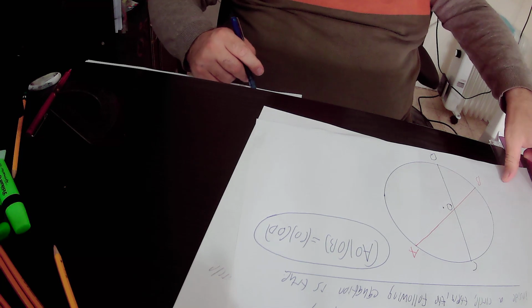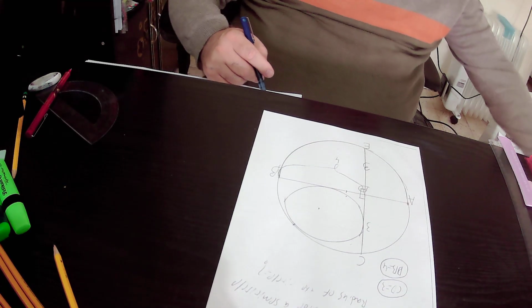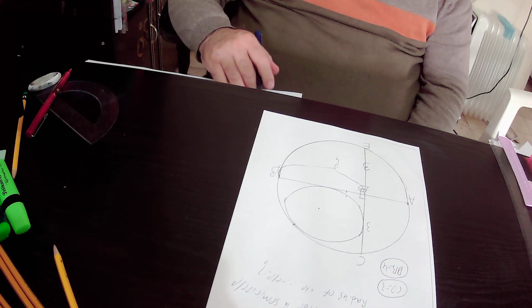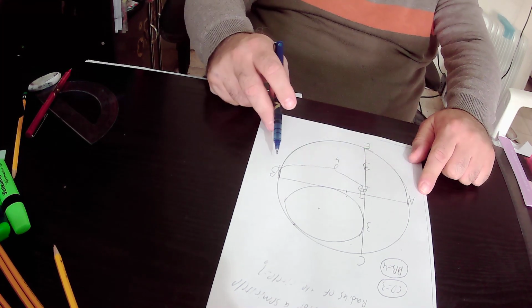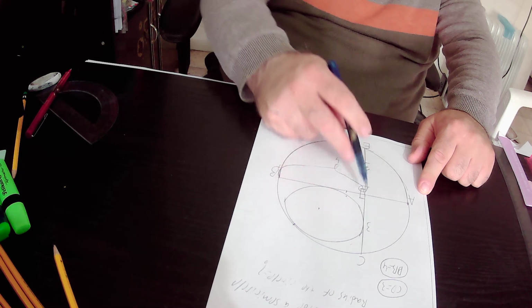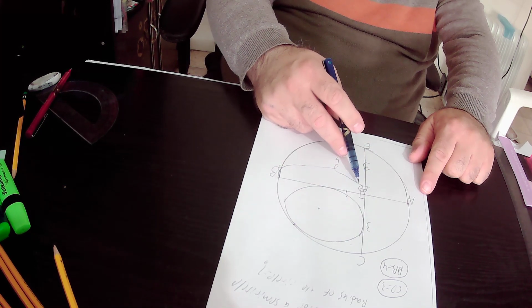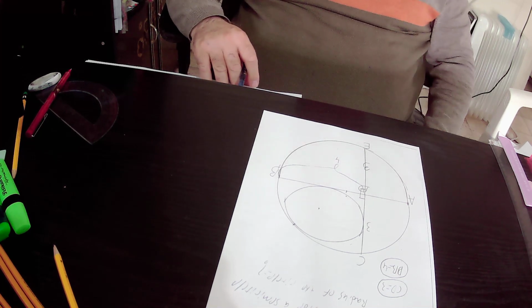We can actually implement rule number 1 in our drawing. Why? Because in our drawing we have chord AB that intersects with chord CE at point D. Point D is the intersection point of those two chords. I write it down.